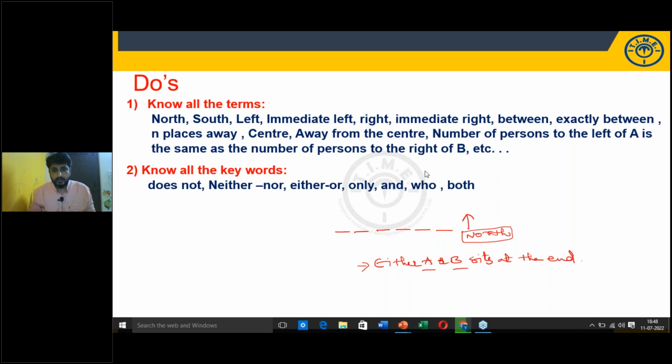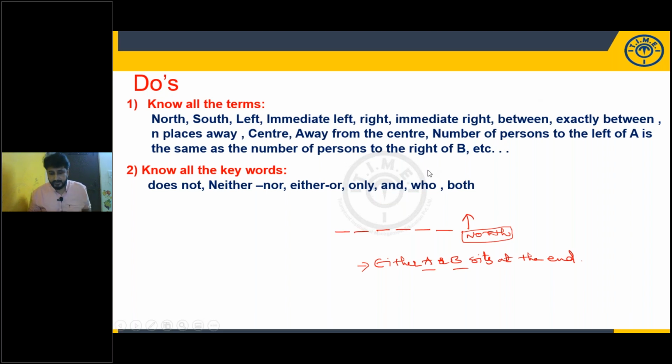Generally, when it is mentioned either A or B sits at the end, you will think only one of them has to be at the end. Is it correct?